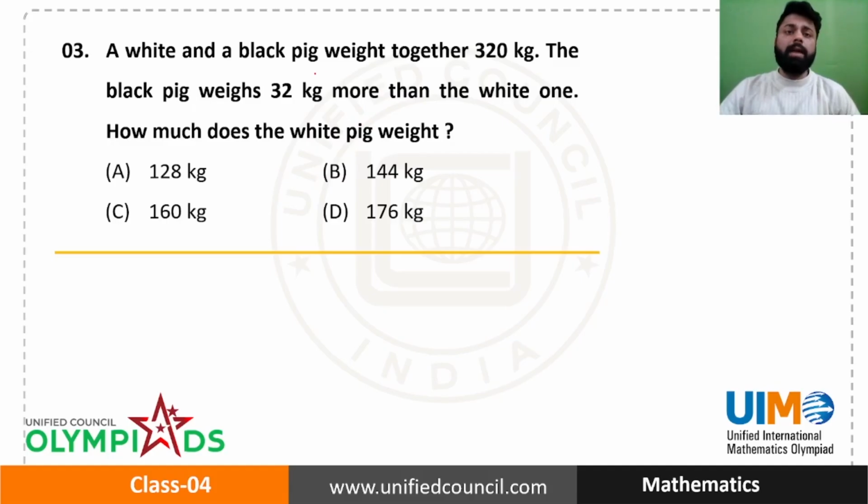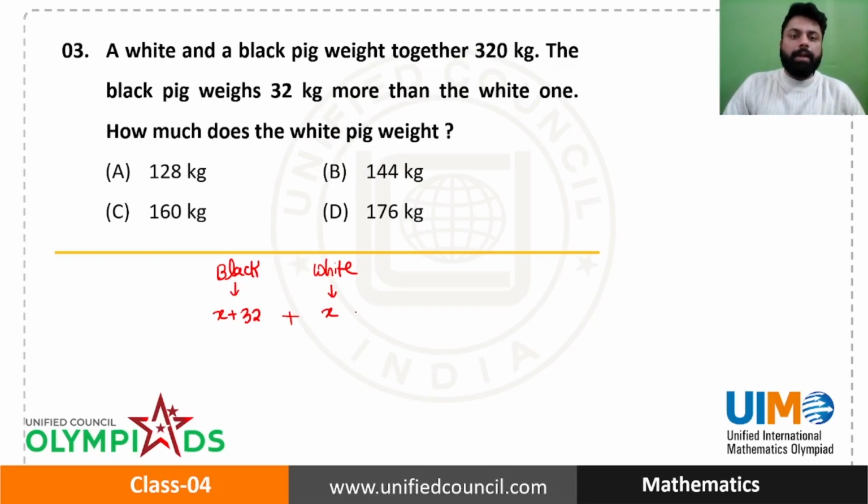A white and a black pig weigh together 320 kilogram. The black pig weighs 32 kilogram more than white pig. So if we assume that the weight of white pig is x kilogram, so weight of black pig will be x plus 32 kilogram.